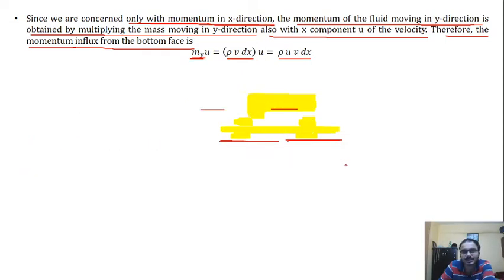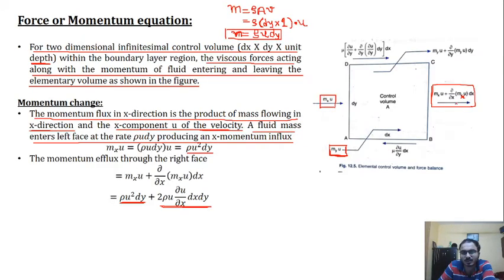Here if you see again in this figure, there is an entry from two sides, that is this face and this face, and the momentum is leaving from this face and this face. So we have summed these two minus the sum of these two.